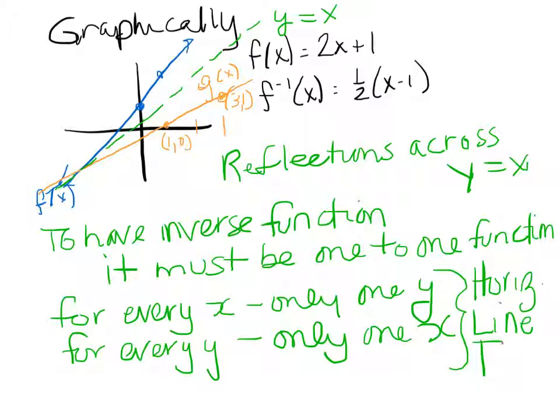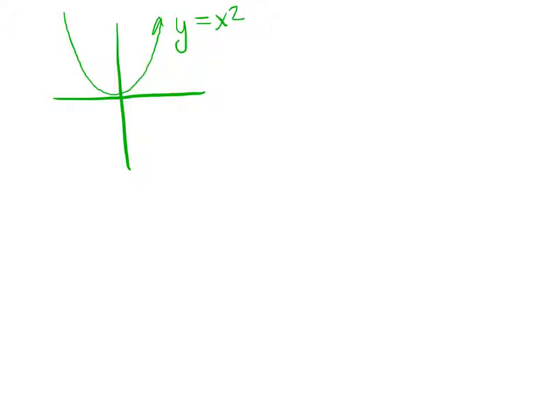And let me show you how that works a little bit, because we'll do some of these for practice. Let's take, for example, that old one that we were looking at earlier when we were guessing what might be an inverse function. So that was this graph right here, y is equal to x squared. Does it have an inverse function? Well, I'm going to see, does it pass the horizontal line test?